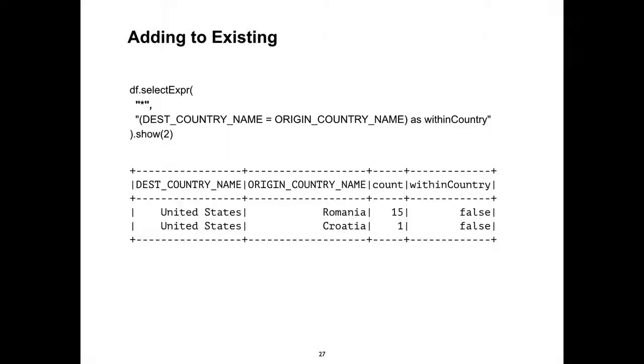When I do select expression, the star means select all the columns in the existing data frame. And so I'm just adding a new column to what already exists. And here notice that my second expression is referencing two different columns.